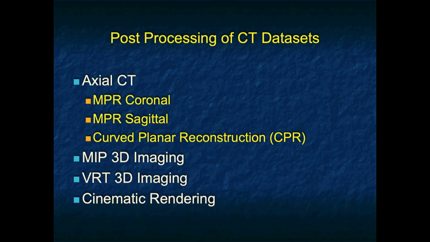Another important thing about all of the imaging we look at is how we look at the images. Obviously, everything we acquire is axial, but it's really looking at the post-processed image. What I'll show you over the next 3 talks, basically, is how you do post-processing and why it's so important. Routinely you're doing coronals and sagittals and often curved planar reconstructions, but also the 3D imaging becomes very valuable.